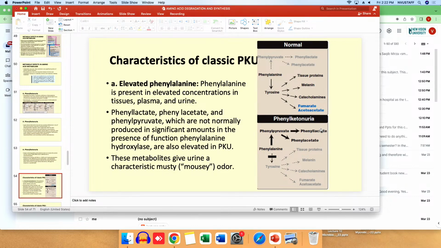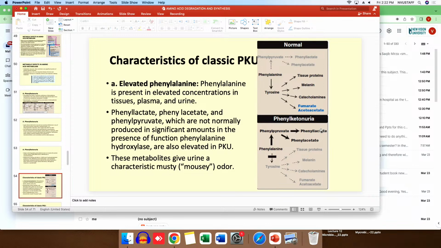A similar thing, not exactly the same, happens in phenylketonuria. Accumulation of phenylalanine will convert it into an acidic version that we call phenylacetate, from phenylpyruvate to phenylacetate, and this phenylacetate is toxic for the bloodstream, causes decrease of pH, so we call it acidosis, and acidosis is a problem for the brain, with a toxic effect on the brain.